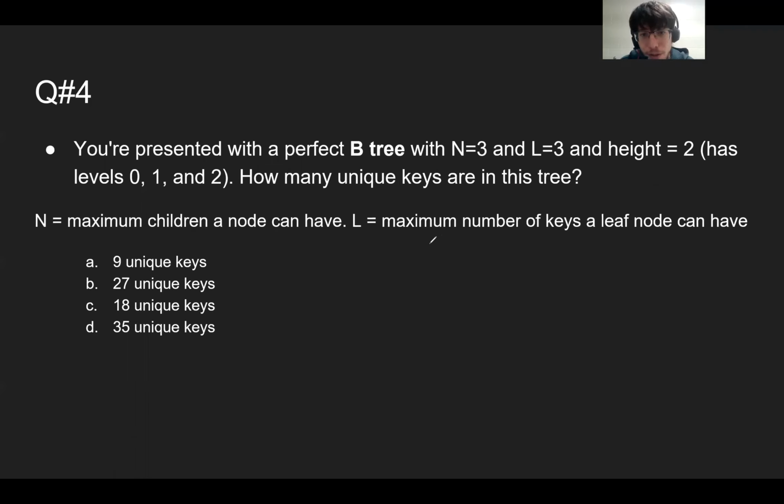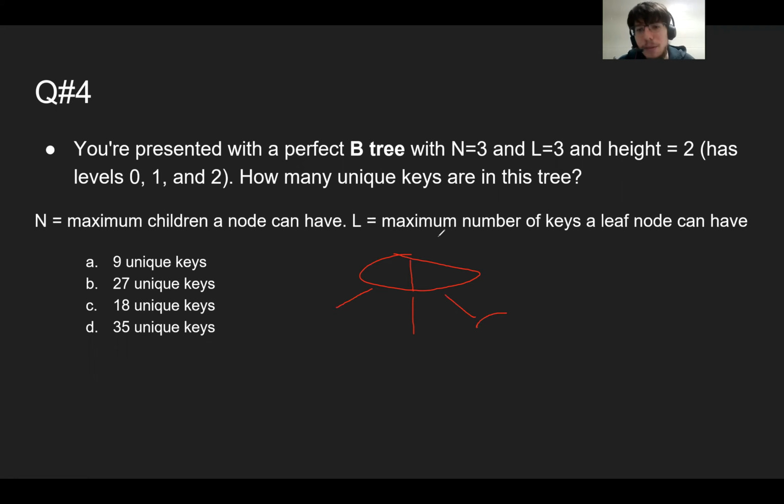Okay, so let's go over it. Height is 2, right, with 3 levels, and n is 3. So it's perfect, but even though it's perfect, the most keys we can have in something that's not a leaf is n minus 1. So we have 2 here. This thing has 3 children. Sorry, n is 3.